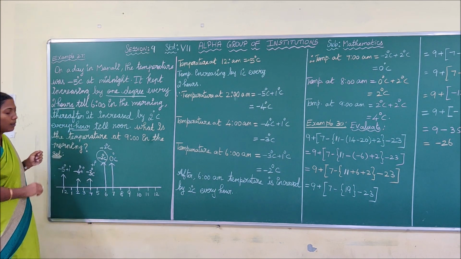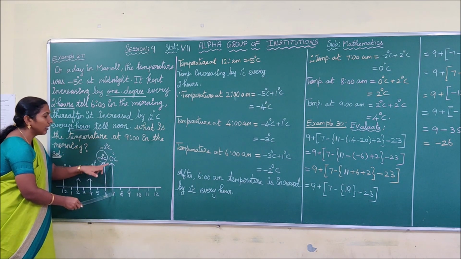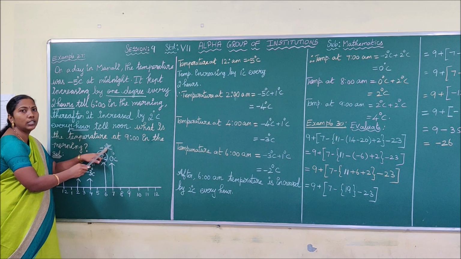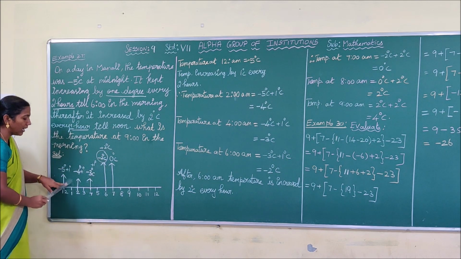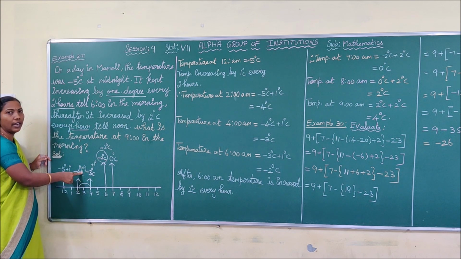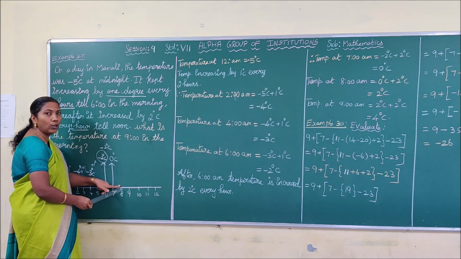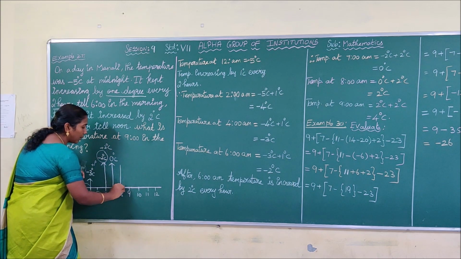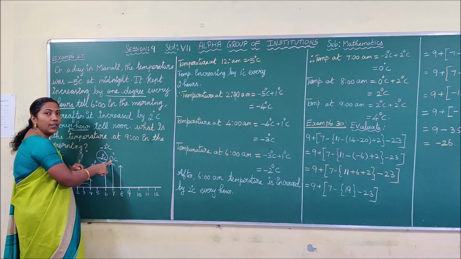Because in the question they have told that for every 1 hour, the temperature is increased by 2 degrees Celsius, we are adding 2 degrees Celsius here. Before, for every 2 hours, the temperature increased by 1 degree, so we were adding 1 degree Celsius. Okay. See here. What is the temperature at 8 o'clock? How can we find it? The temperature at 8 o'clock can be found by adding 2 degrees to 0 degrees.